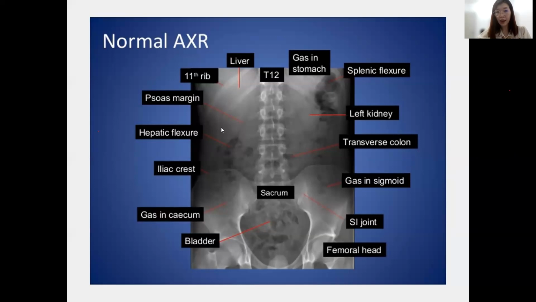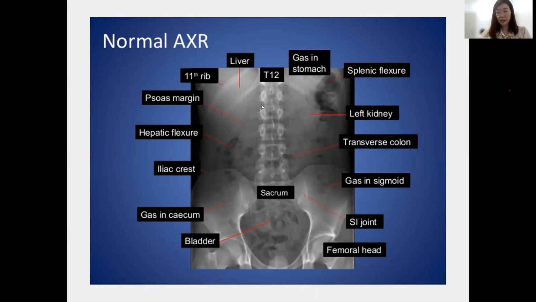After identifying the air and the bowel shadow, you must always look for air in the rectum down here, it must always have air. And then last, look at the psoas shadow, which must be symmetrical on both sides.